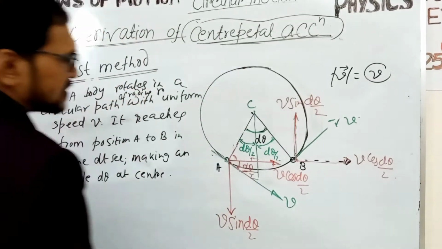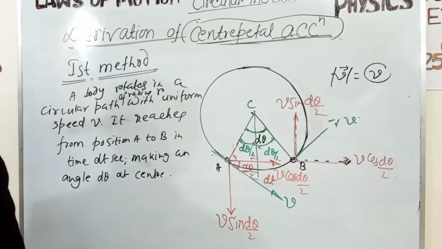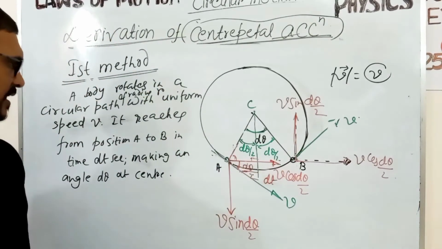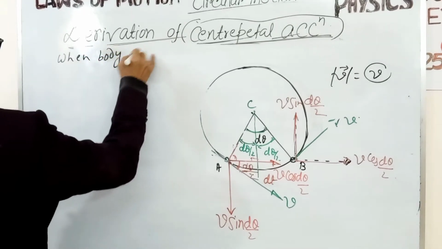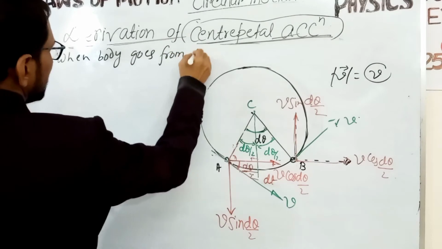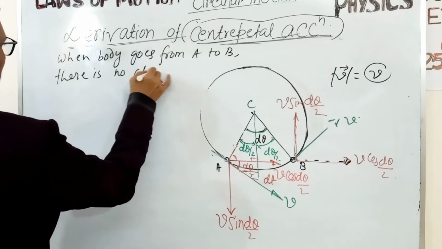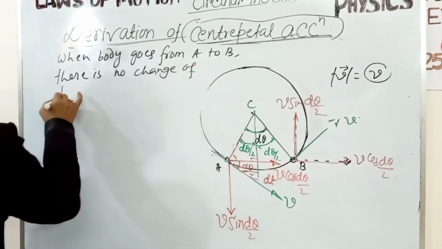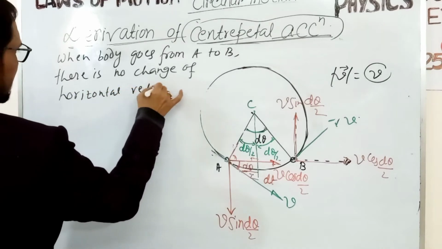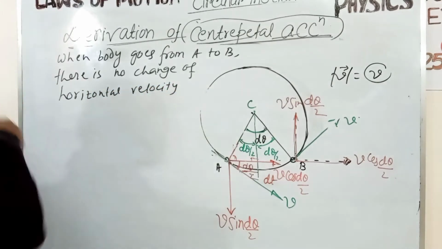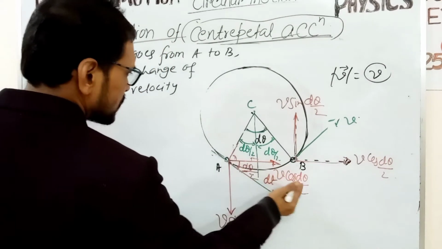Now what happens? This time is dt second. What happens when the particle goes from A to B? There is no change of horizontal velocity, neither in direction nor in magnitude.